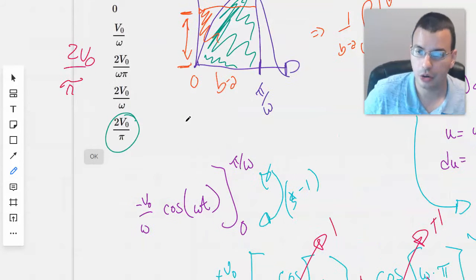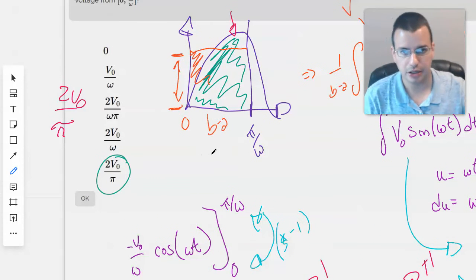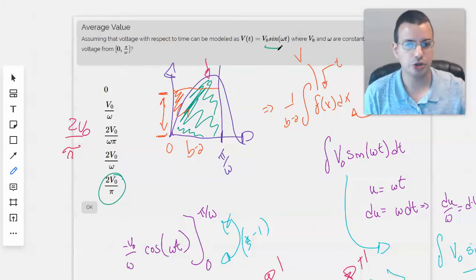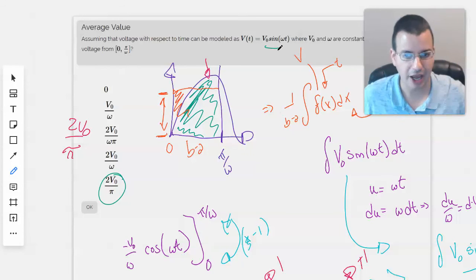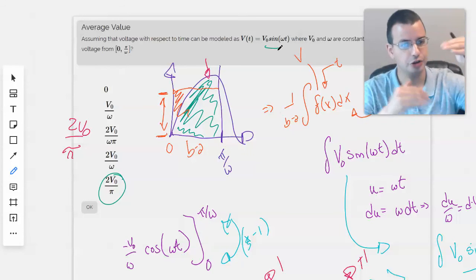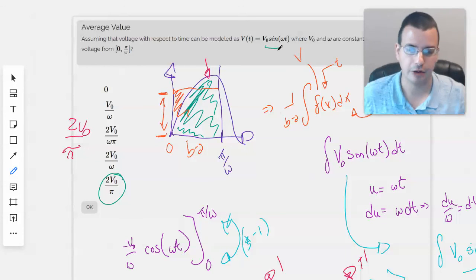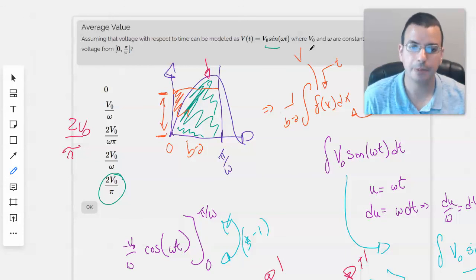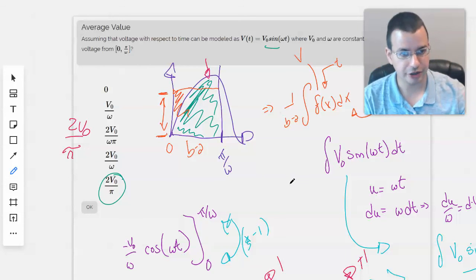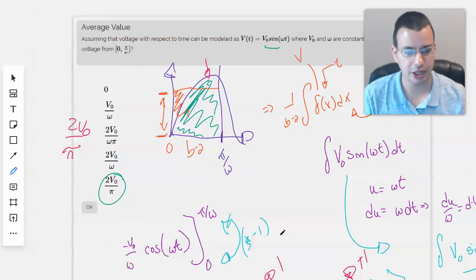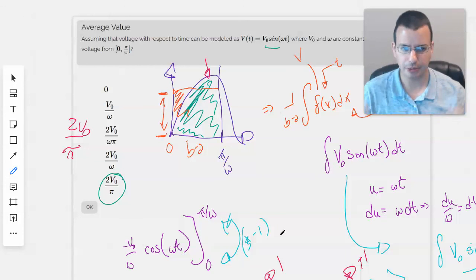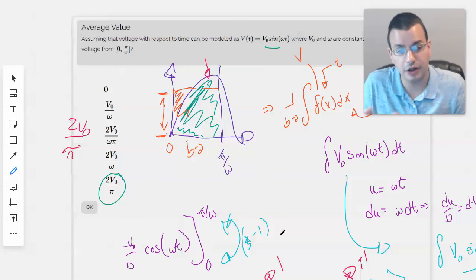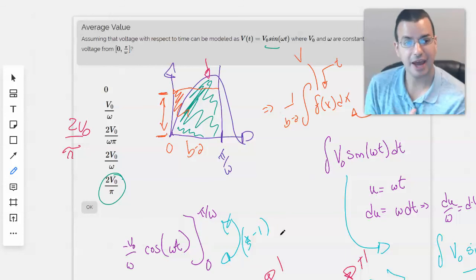Okay, so backtrack real quick. We had this equation, and we're told to find the average value. Average value is when you have the area under the curve, you squish it into the shape of a rectangle, and you find the height of that rectangle. So you find the area under the curve first. This one was in depth enough with the area under the curve that you almost lose track that you're looking for not really the area under the curve, but the average value.